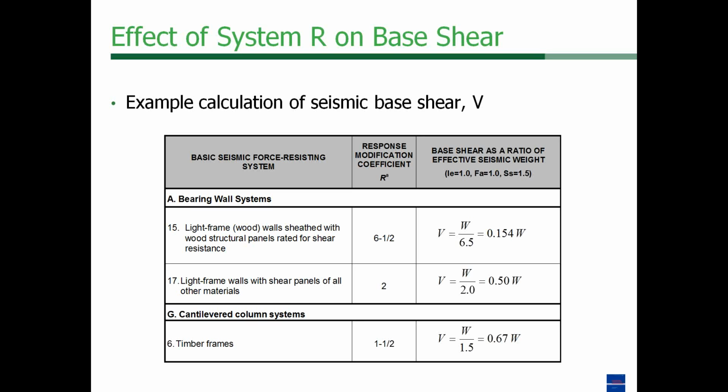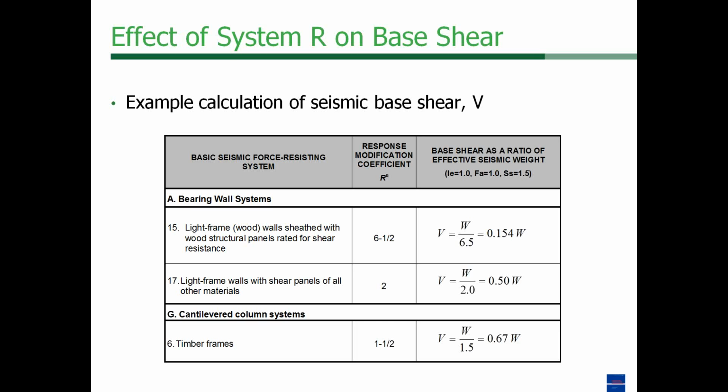If you wanted to compare three different lateral systems and assume the importance factor, the site coefficient, the mapped value, and the weight of the building are the same, so we're doing an apples to apples comparison, you can see the effects of the R factor, which is dependent on the lateral resisting system. So the base shear basically boils down to the effective seismic weight over the R factor. And for an R equal to 6.5 structure, that effective base shear then equals 0.154 times the seismic weight.